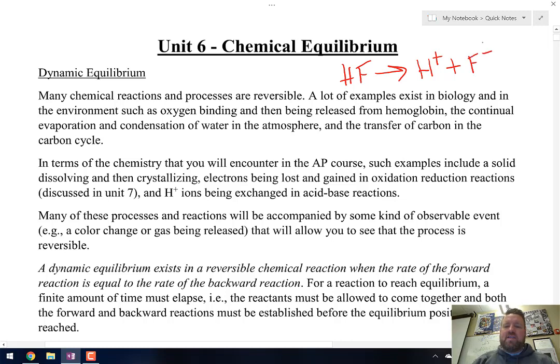But as the hydrogen ions and the fluoride ions begin to form, they also react with each other and go in the backward direction to reform the HF molecule. When you have this situation, where the reactants react to form products and then the products react to reform the reactants, you get a system called equilibrium. That means the reaction is reversible. It goes in one direction, but it also goes in the reverse direction as well.